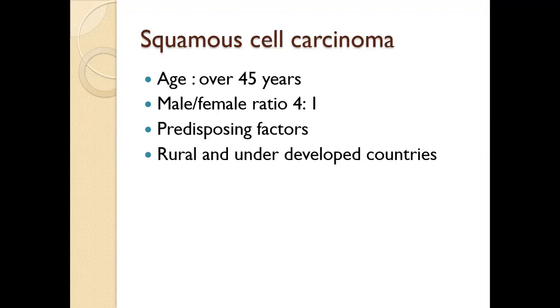Squamous cell carcinoma patients are over 45 years of age. Male to female ratio is 4:1 and predisposing factors are alcohol and tobacco smoke and sometimes nutritional deficiencies and exposure to polycyclic hydrocarbons, nitrosamines, and other mutagenic compounds such as those found in fungus-contaminated foods.